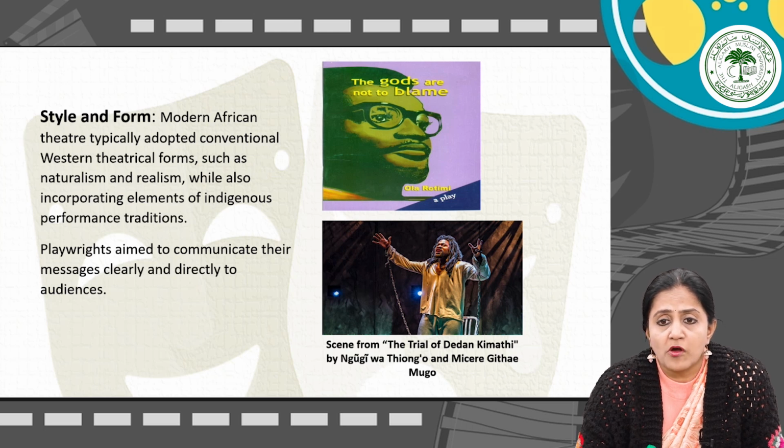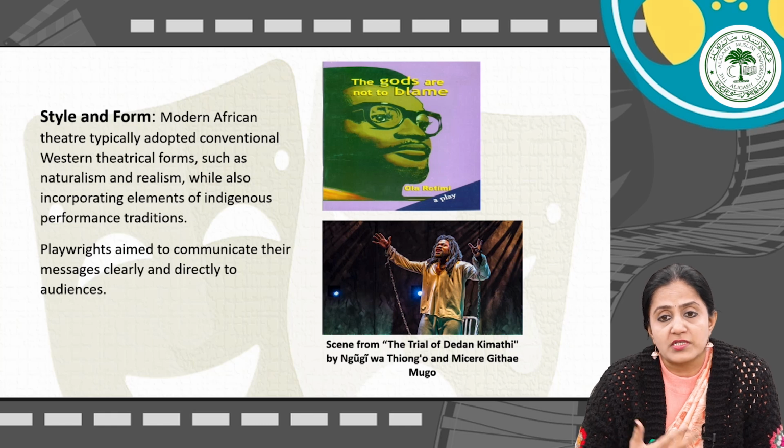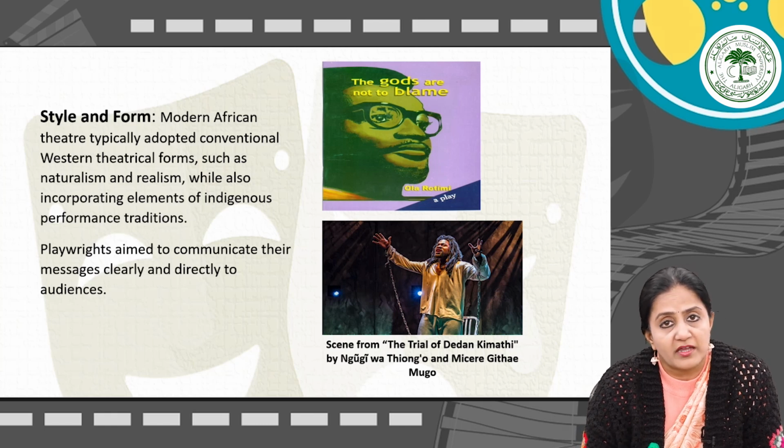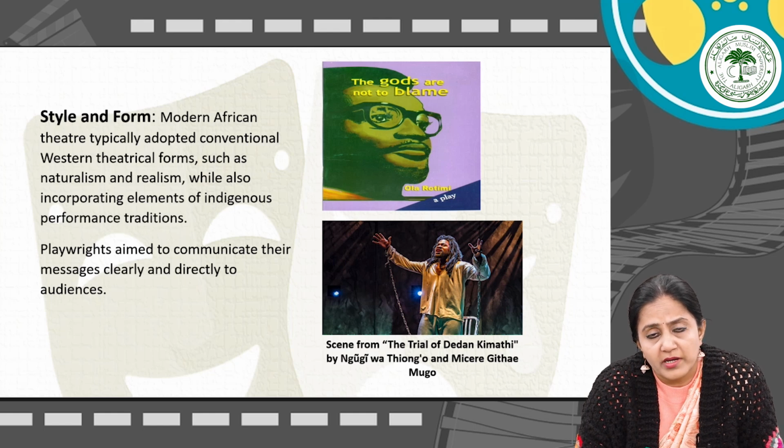So there is a blend of traditional and Western elements. This fusion can include elements such as storytelling, music, dance, ritual and symbolism alongside realism, naturalism and other Western dramatic conventions.